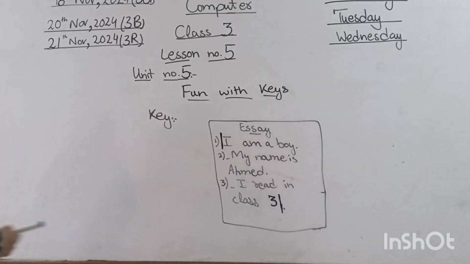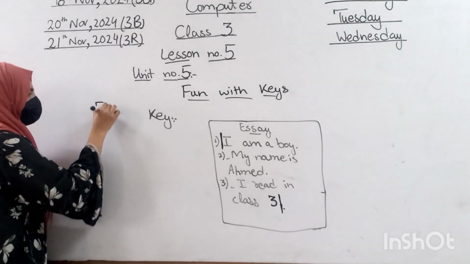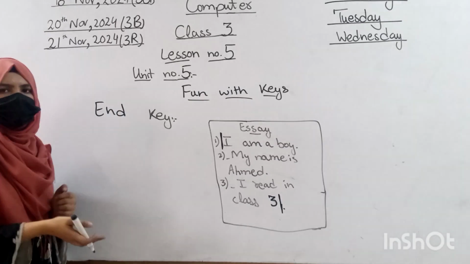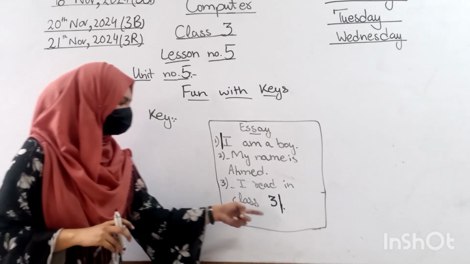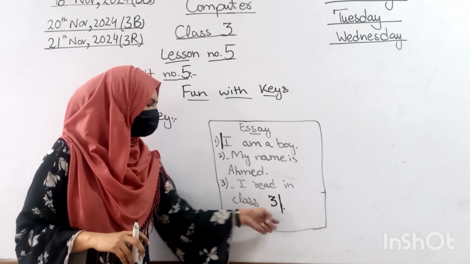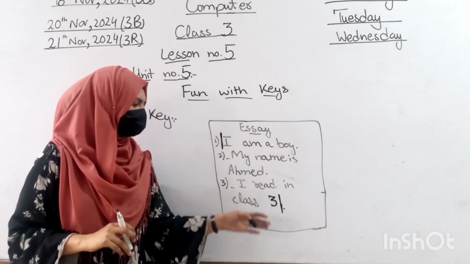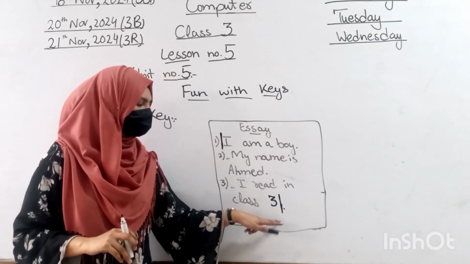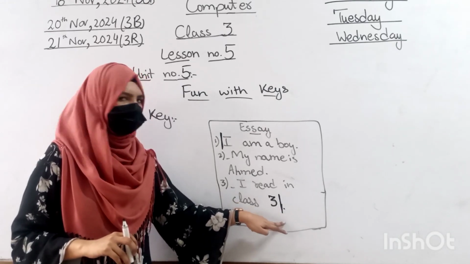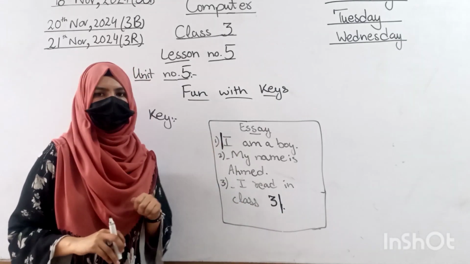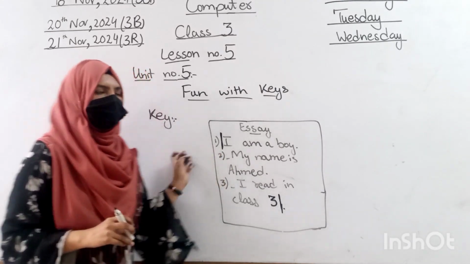So students, now we have the end key. The end key is totally the opposite of the home key. The home key was used to move the cursor from the end of the line to the beginning, and also with the control key to move the cursor from the end of the document to the beginning of the document. Now we have the end key.